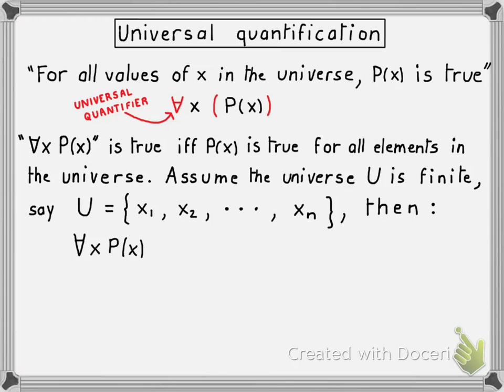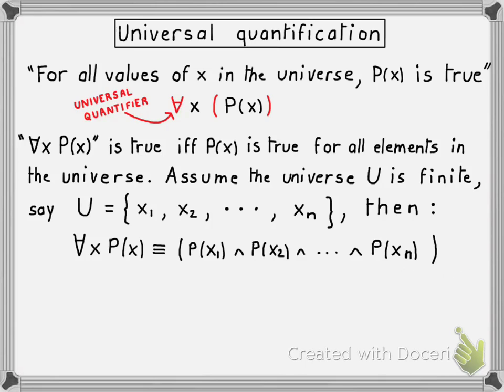Then the proposition for all x, P of x is logically equivalent to a finite conjunction, namely P of x1 and P of x2 and ... and P of xn. So it's important for the universe to be finite, because if it wasn't finite, you would end up with an infinite conjunction over here, which is not something we are ready to deal with.